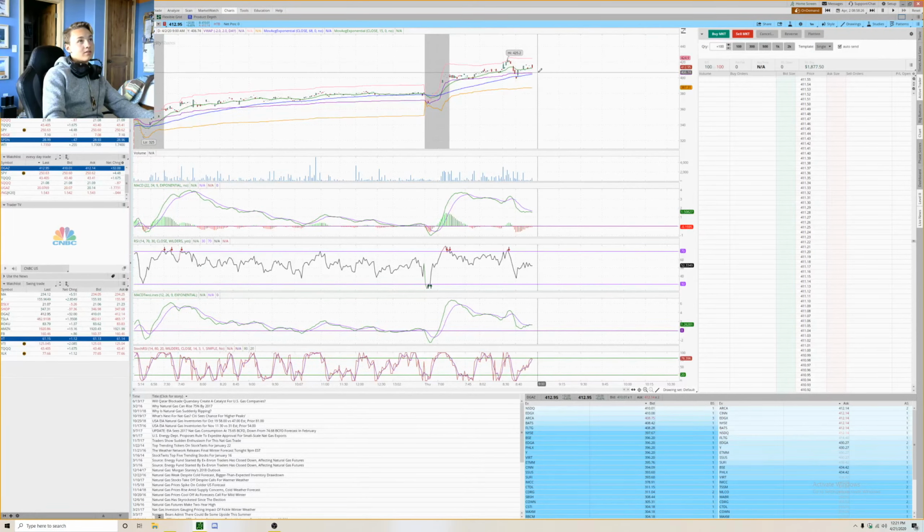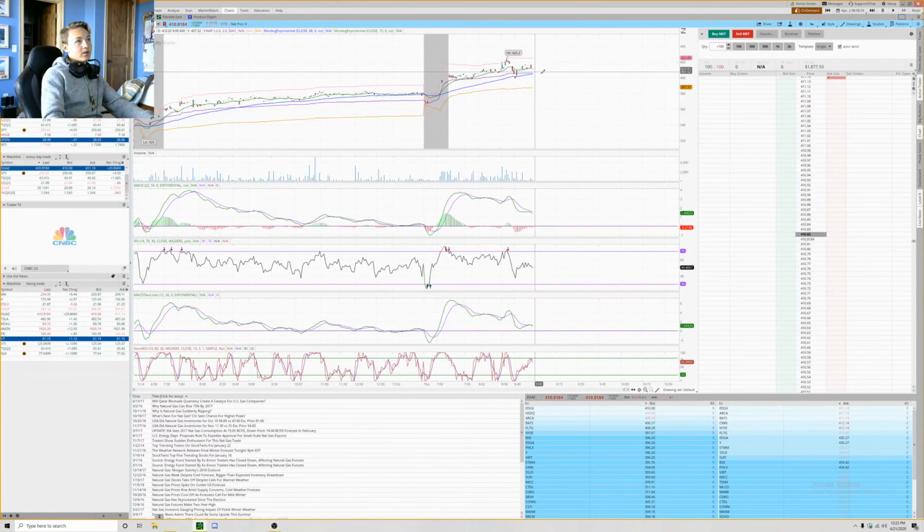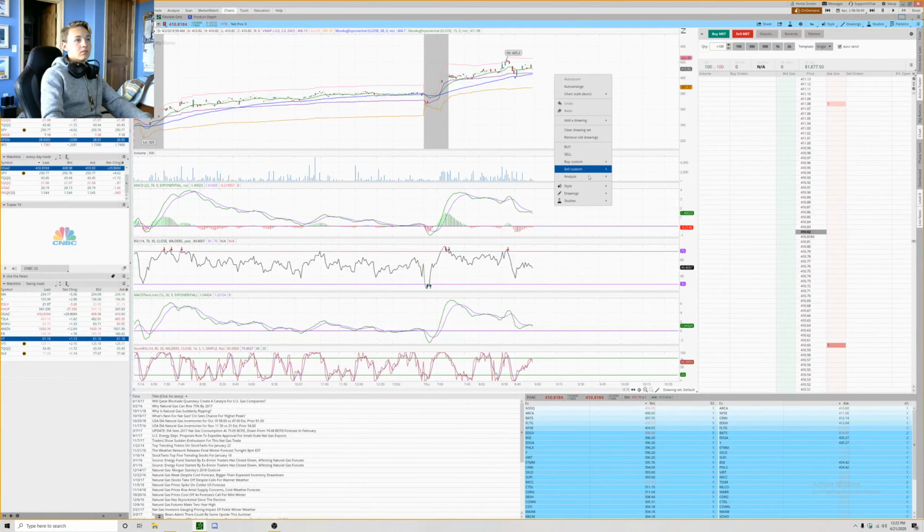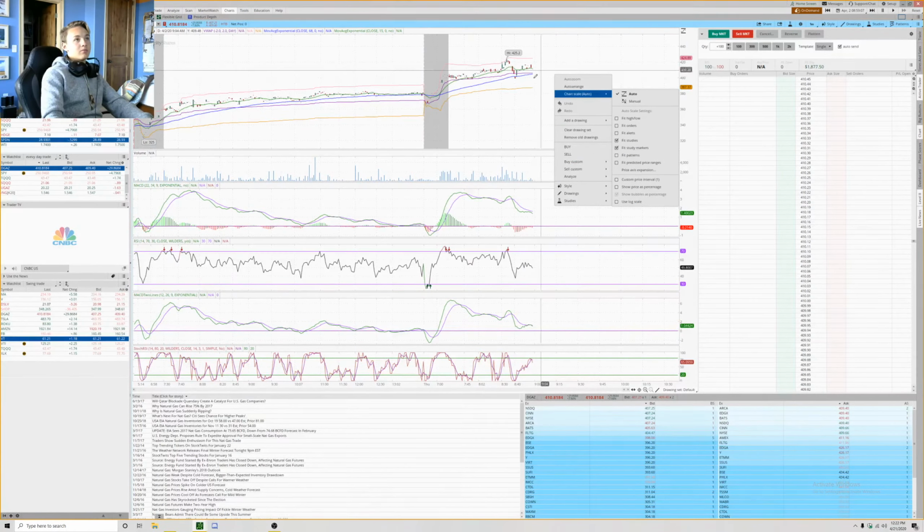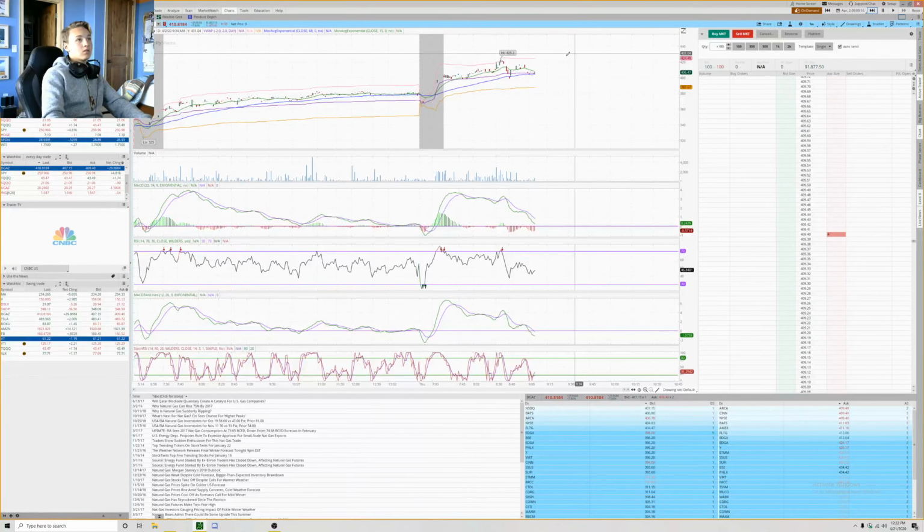See, that's kind of rough. And then wait for it to be at a good price, which means here, you basically just set an alert for it at the middle VWAP. Okay, so now it's at the middle VWAP.